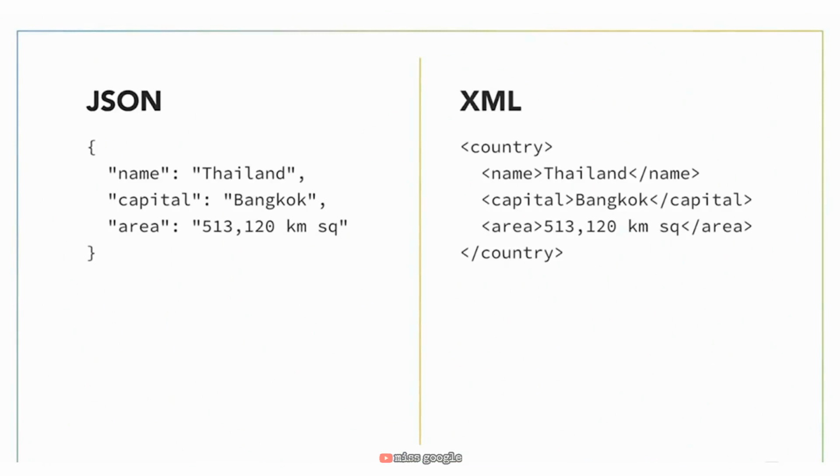One of JSON's advantages is that it's pretty easy for humans to read. For instance, this is one way to encode basic information about the country of Thailand in JSON and in XML. Both of these structures contain the same information: country name, capital, and area. But XML contains more extraneous characters and repeats the data label in both opening and closing tags.